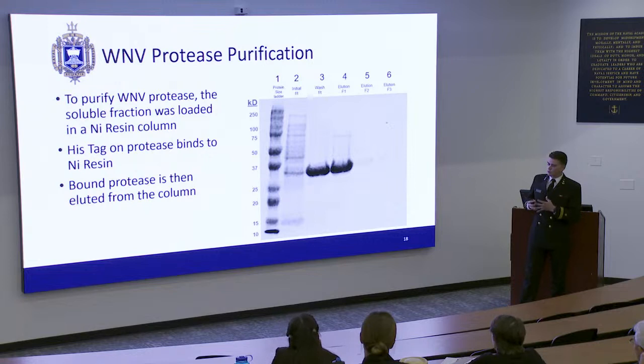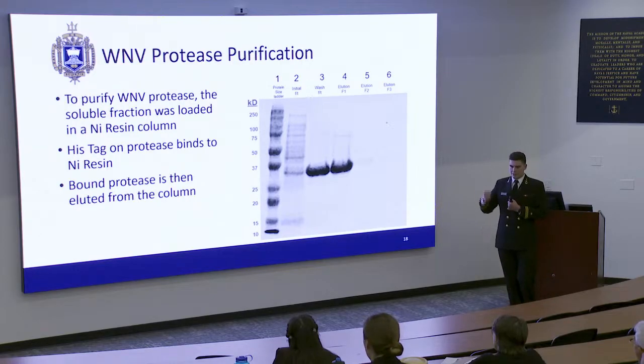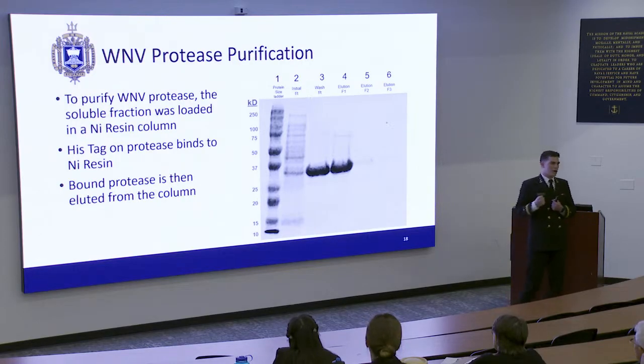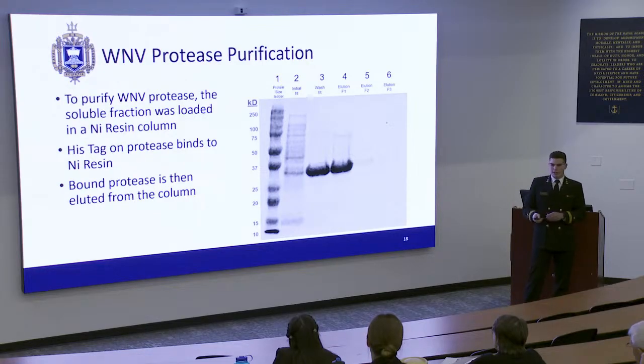So we took the expressed West Nile protease, and we put it in a nickel resin column. And the nickel binds really strongly to the his tag. And essentially, we can send those proteins from the cell through the column, and the column will grab the his tag and grab the viral protease connected to that his tag. And then we elute out that viral protease.